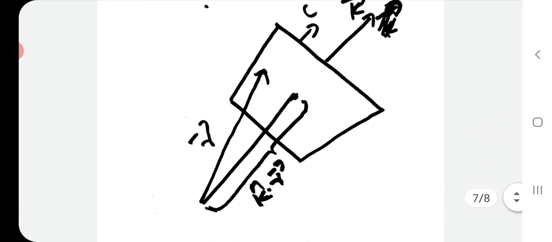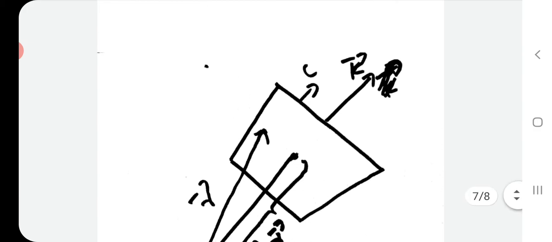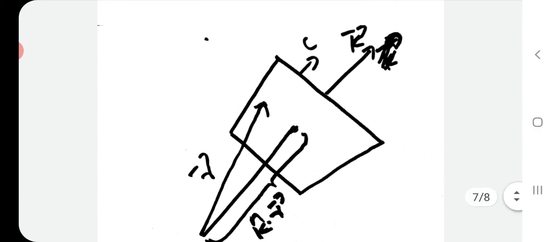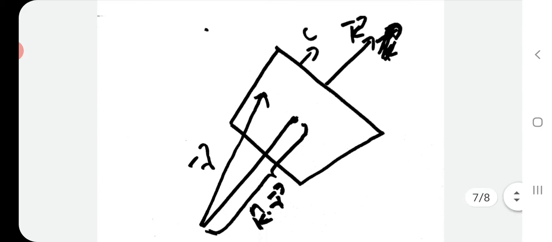So that is shown here. We see a plane here. k is the direction of propagation of the plane electromagnetic wave, c is the velocity with which that plane is advancing, and r is the position vector corresponding to a point on the plane where we want to know the electric field and magnetic field associated with that particular electromagnetic wave.